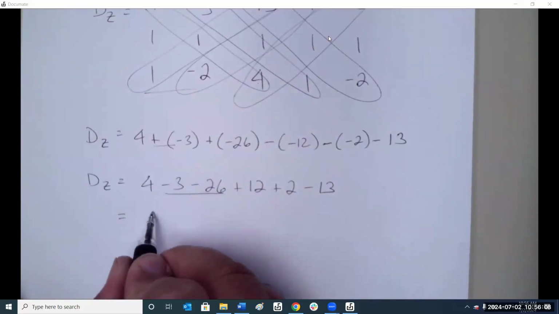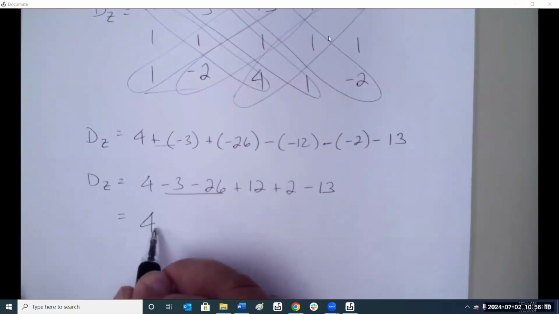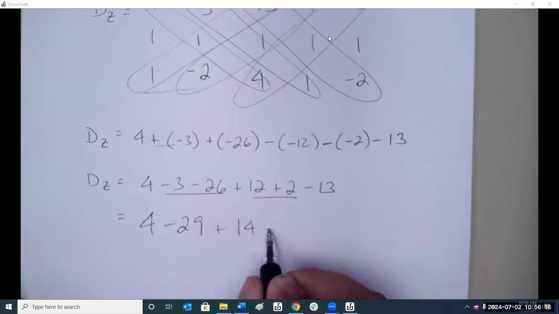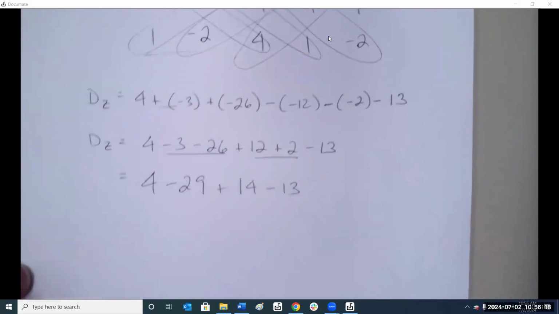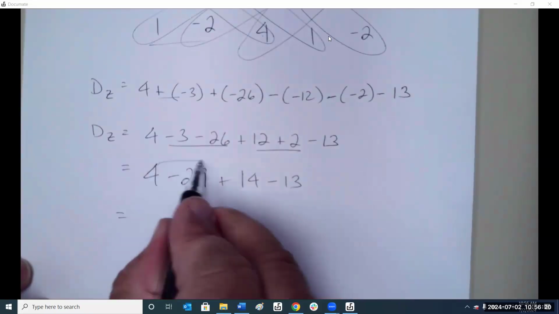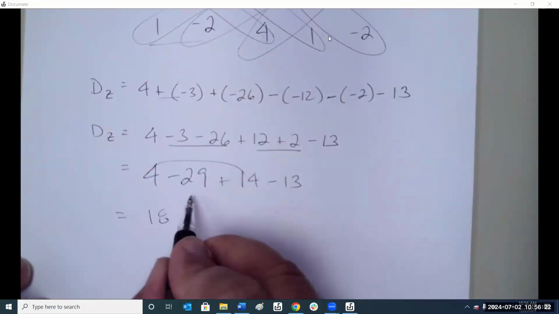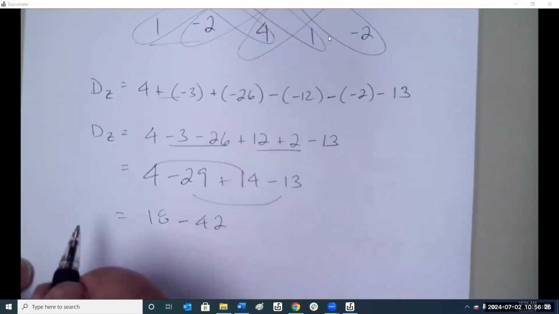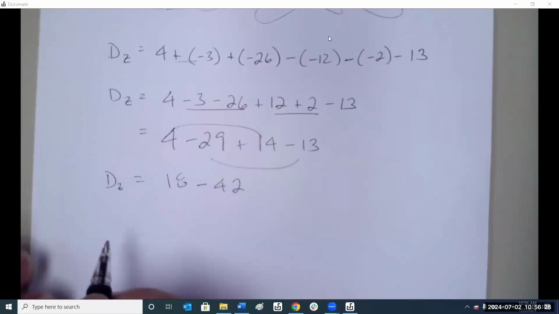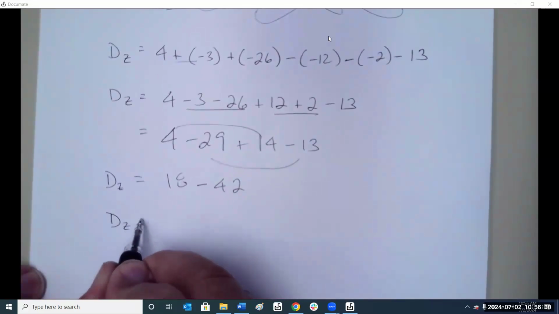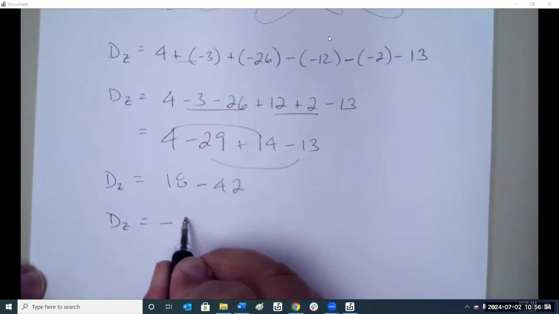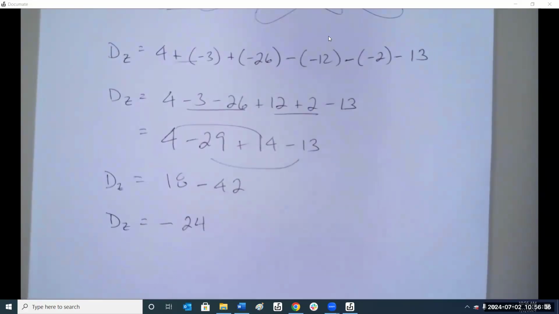So that's, well, 4 minus 29 plus 14. 4 and 14 is 18. Negative 42. dz is negative 24.